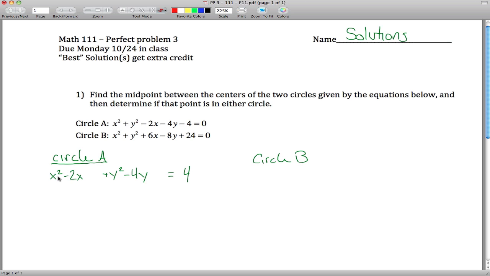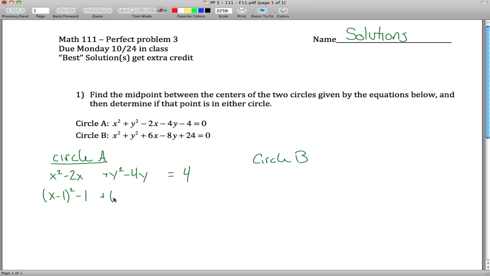To complete the square, we change x squared minus 2x to x minus 1 squared. But if you FOILed this out, you'd get x squared minus 2x and then plus 1. So we want to subtract 1 so that that plus 1 goes away and we end up with just what we have up top here.